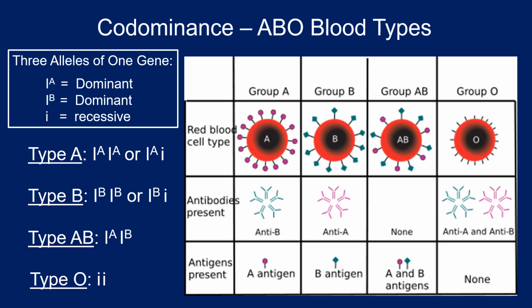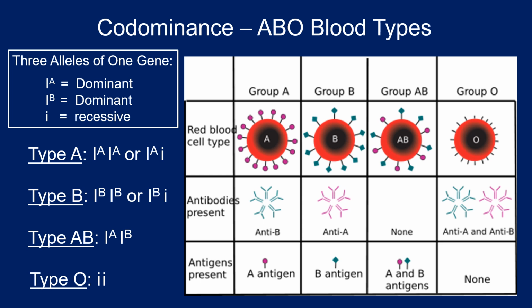We're looking at blood typing here, specifically ABO blood typing. On your red blood cells, you have lots of proteins poking out. And we're looking at one particular set of glycoproteins that is coded for by one gene. Remember, a glycoprotein consists of proteins with sugars attached.